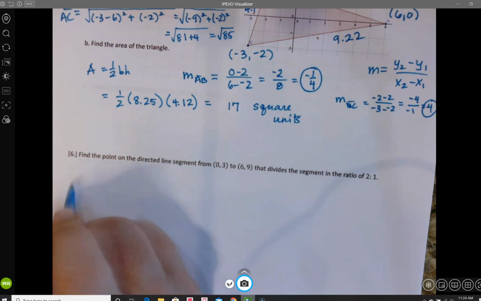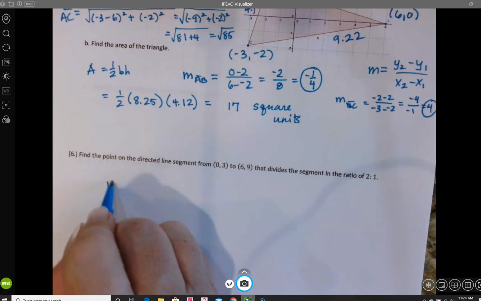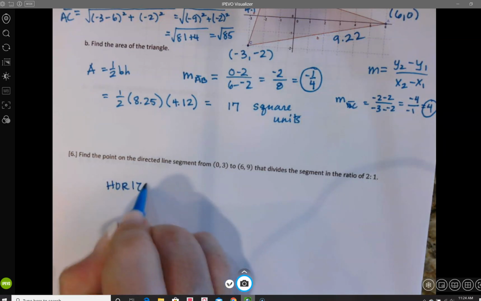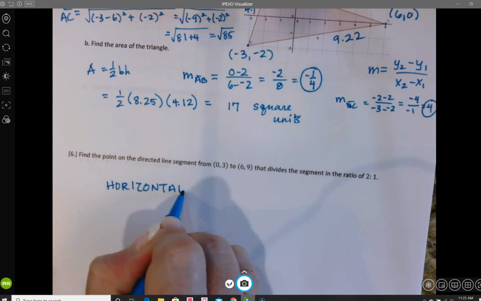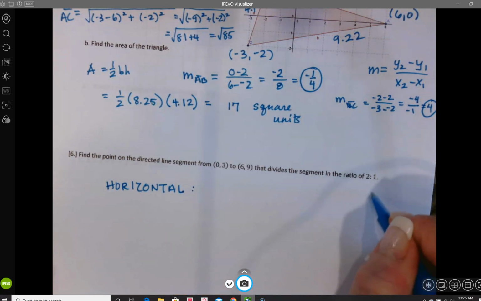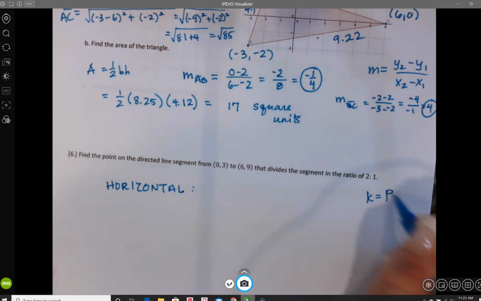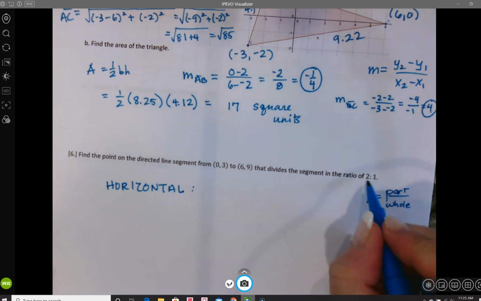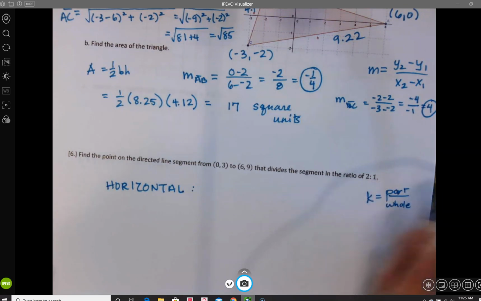So remember, my horizontal, that's going to be with the x's, and we're going to take our k fraction. So remember, to get k, we want to compare the part to the whole. And so here I've got 2 to 1, so the part is 2, and then for the whole thing there's 3 parts.